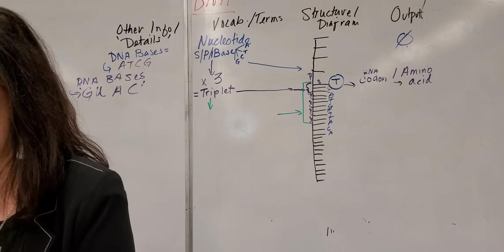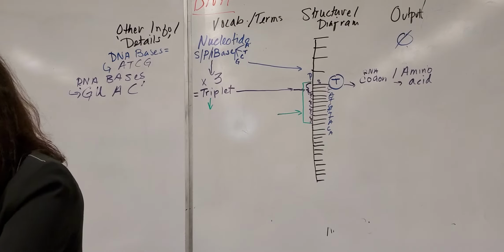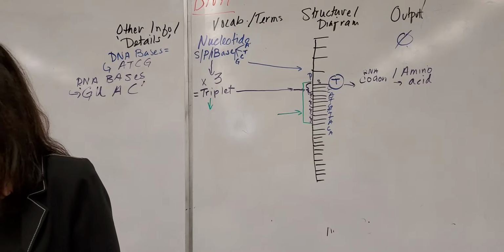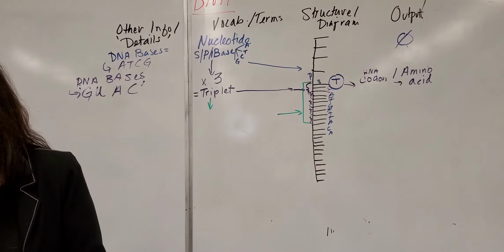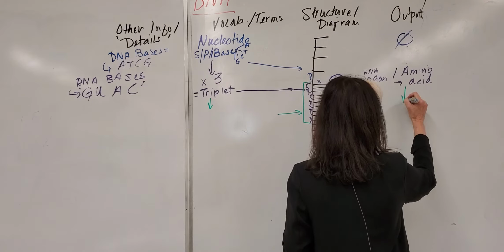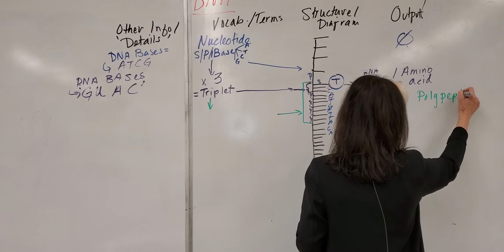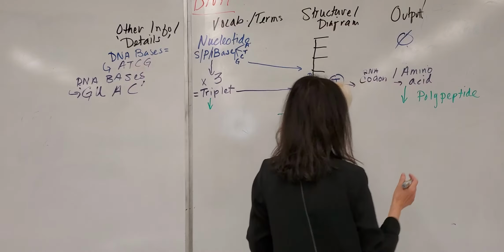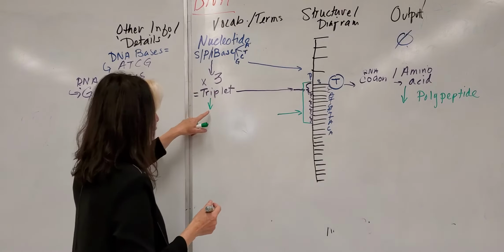So, those codons in larger groups, they make the groups of amino acids. So this is also going to come down here into something called polypeptide chains. So it's going to be multiple amino acids, multiple triplets.